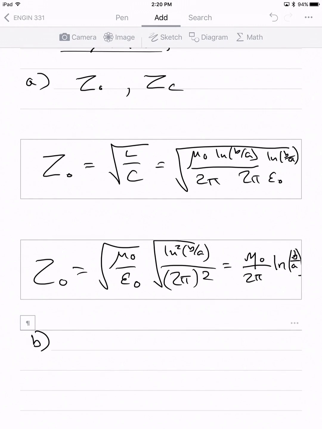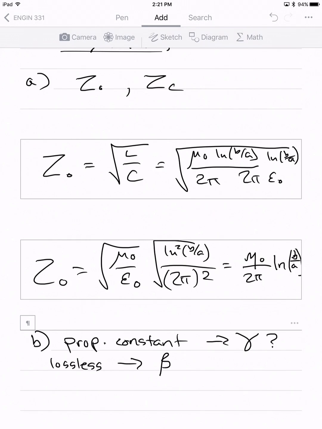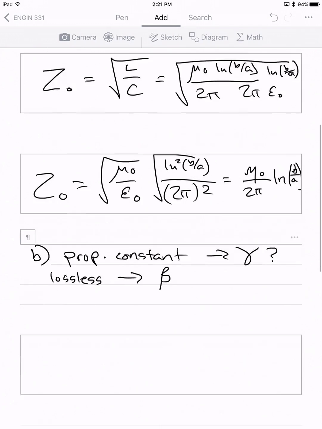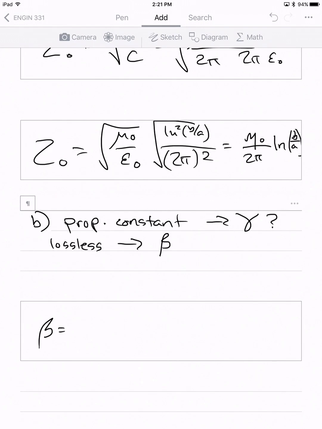Next, we're asked for the propagation constant. For a general line, the propagation constant is gamma, but for a lossless line, the propagation constant is beta, because alpha is equal to 0. So that propagation constant is going to be beta, which is equal to omega times the square root of L times C, which again we just have to multiply out.